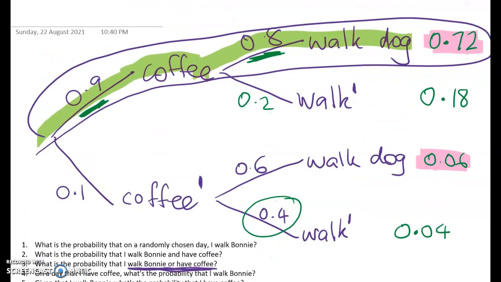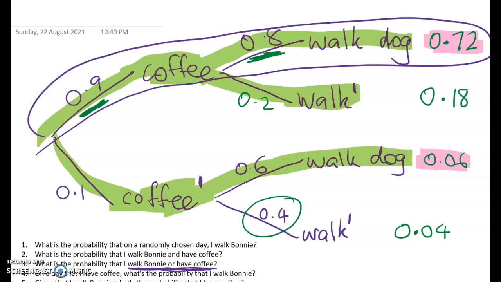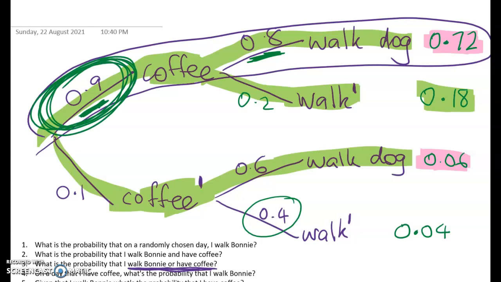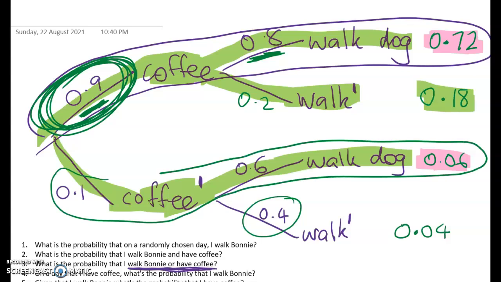It's the probability that I have coffee and walk her, or have coffee and don't walk her, and then I don't have coffee but I do walk her. So I just have to add up those three probabilities. The smart way to do that is to say, well, the 90% of the time when I have coffee is going to be in there, and also this one pathway here, right?